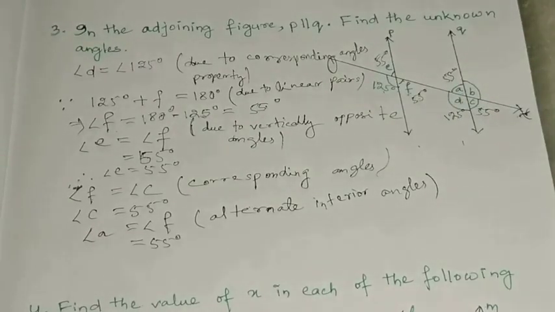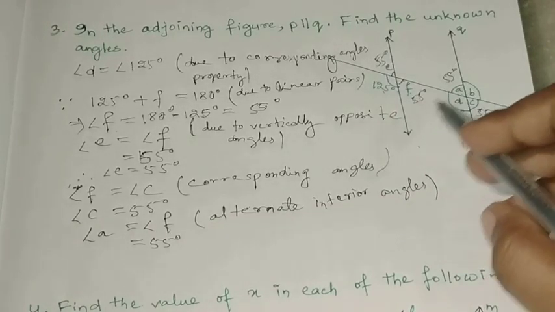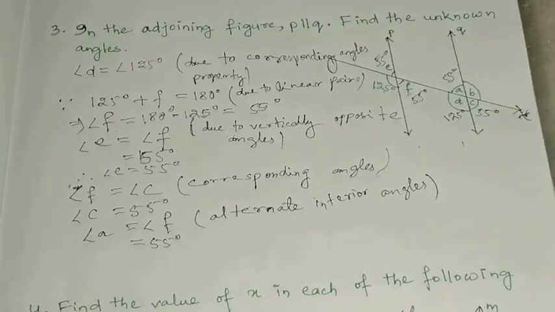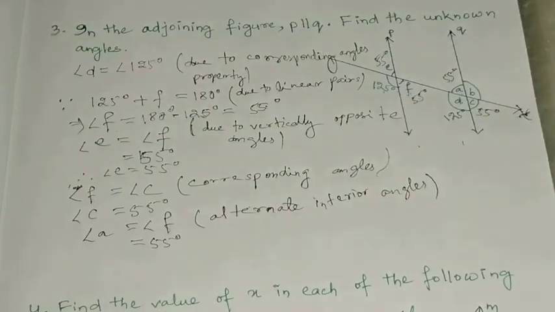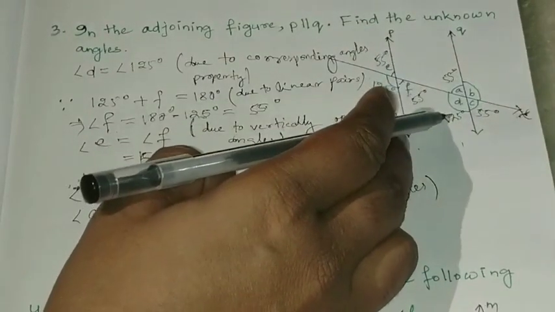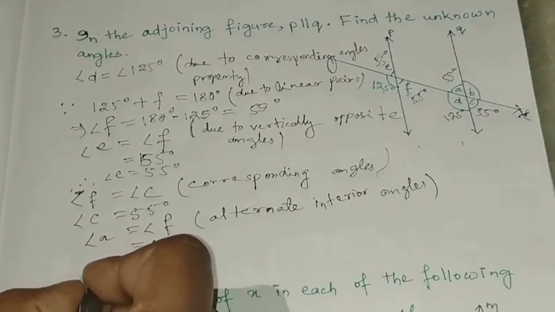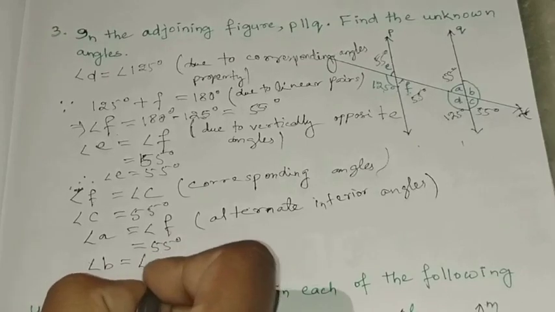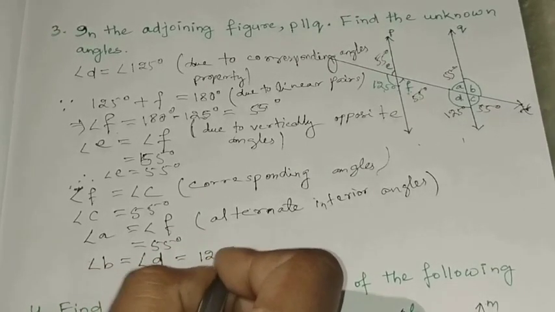Next you see angle B equal to angle D. Sorry, angle B equal to angle D. So how you can write? Angle B equal to angle D. Angle D is how much? 125 degree.